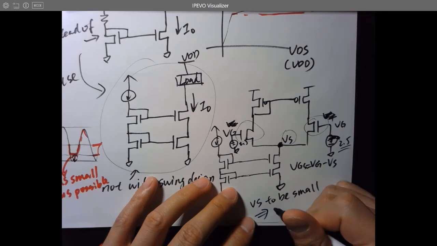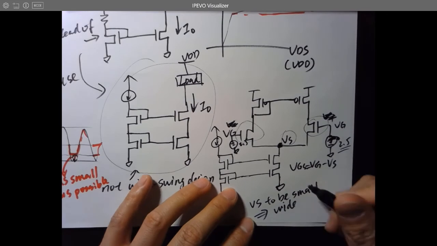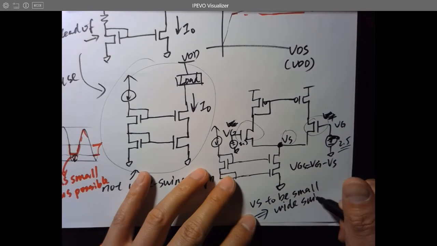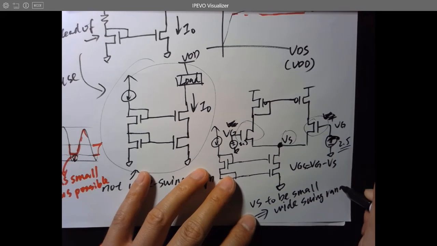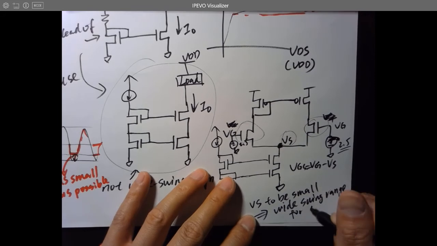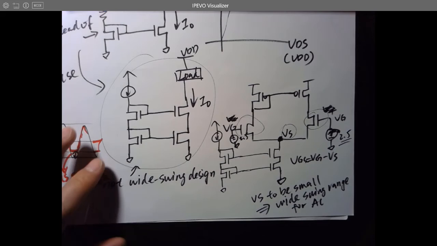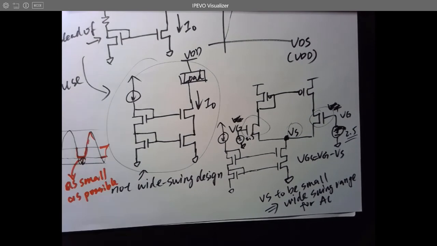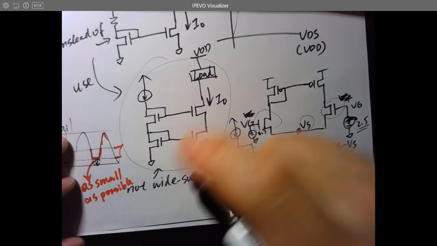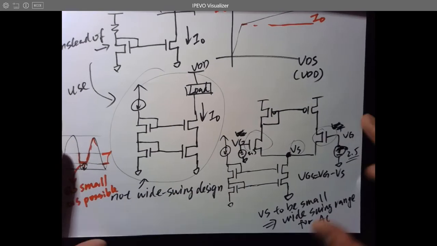So you can have a wide swing range for AC. You're wondering, I couldn't imagine why, because it sounds too abstract. Can I explain why this will affect the AC swing?